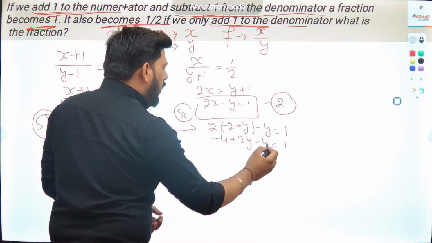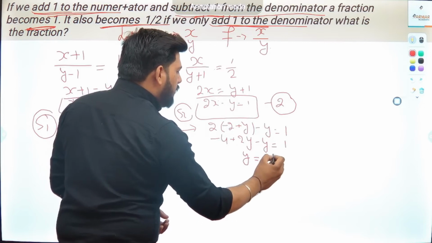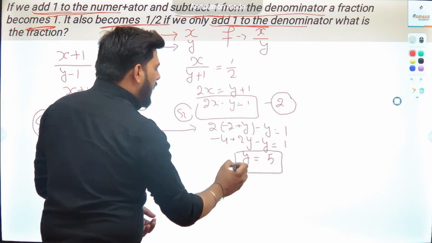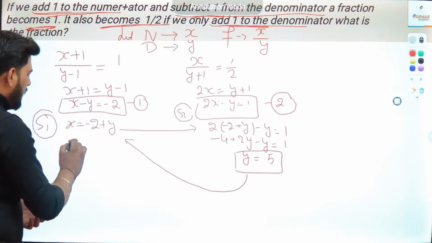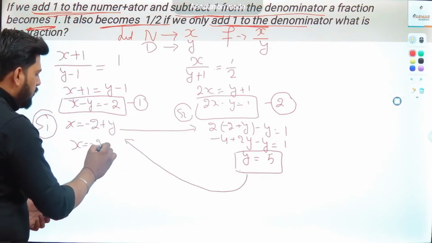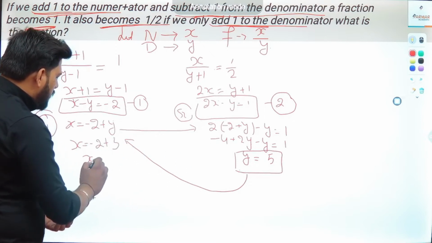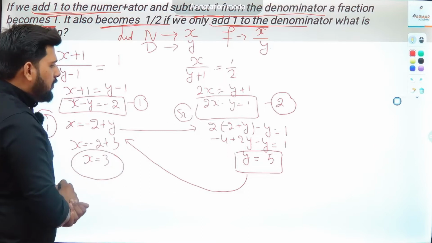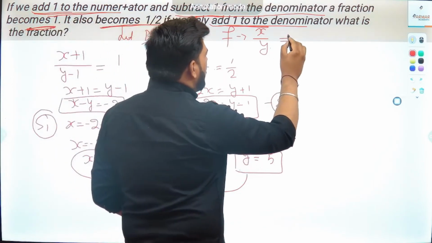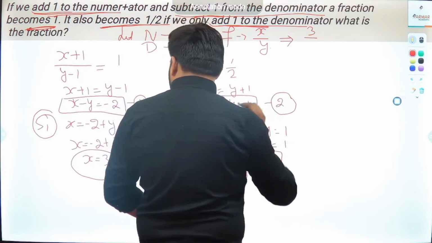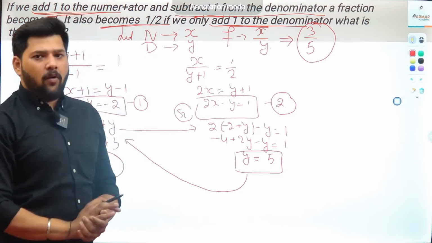This is y, 4 gets added to that side, equal to 5. So the value of y is 5. Again substitute that value here, x is equal to minus 2 plus y, and y is 5, so x is equal to 3. So the value of x is 3 and y is 5, so our fraction is 3 upon 5.